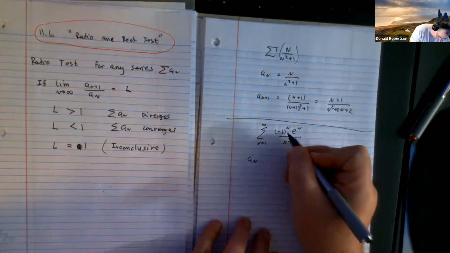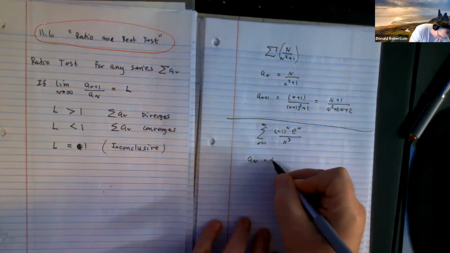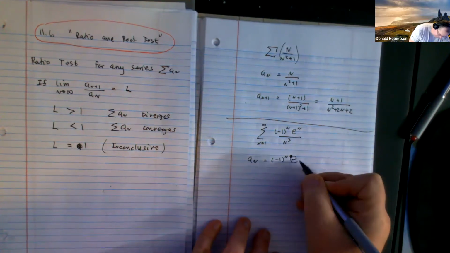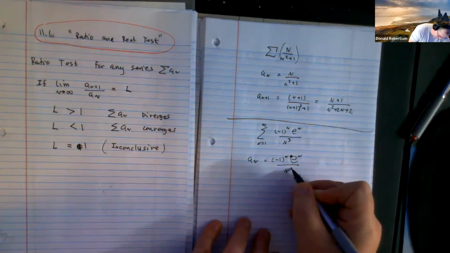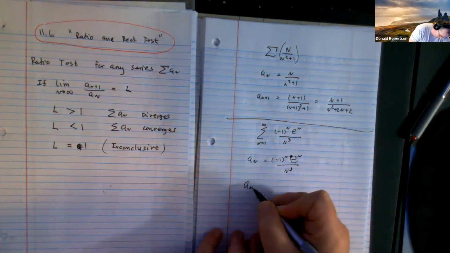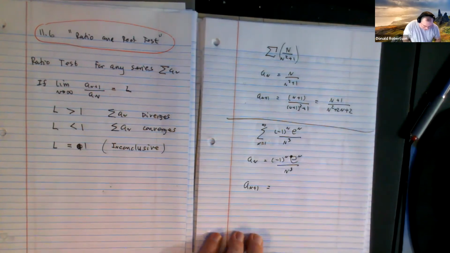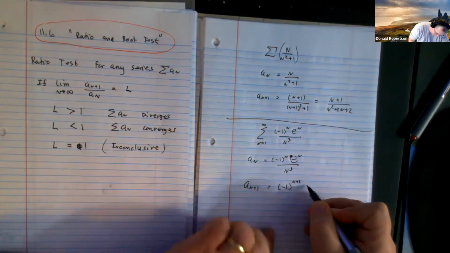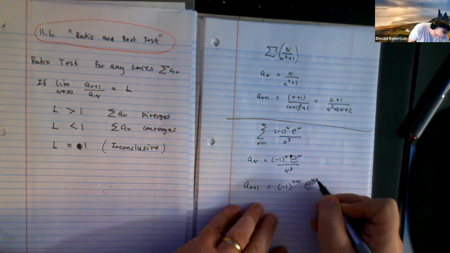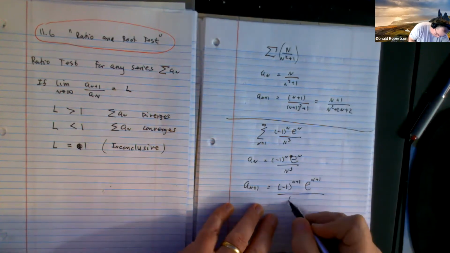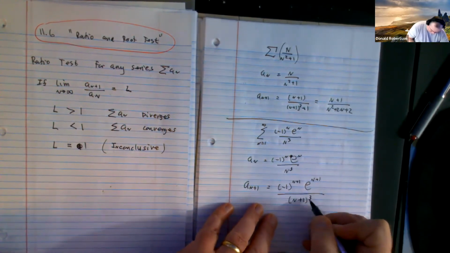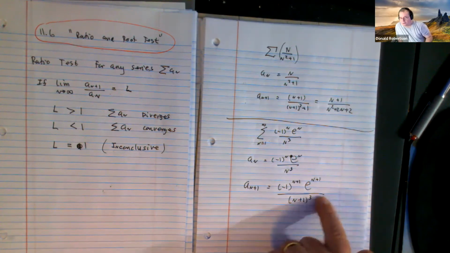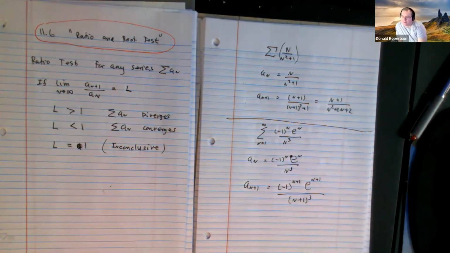Then a_n would be this thing. a_(n+1) then would be (-1)^(n+1), e^(n+1), all over (n plus 1) cubed. And I would probably FOIL that out, but I won't bother right now.